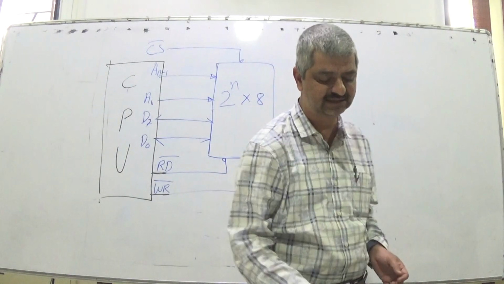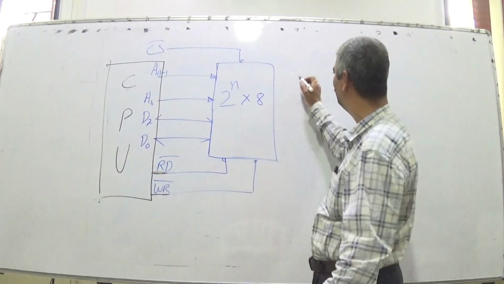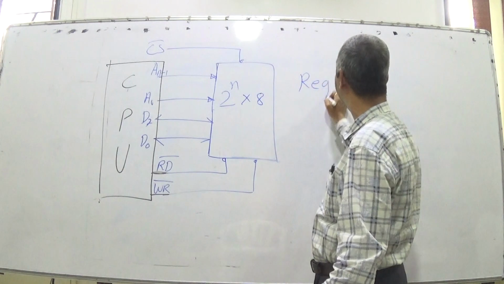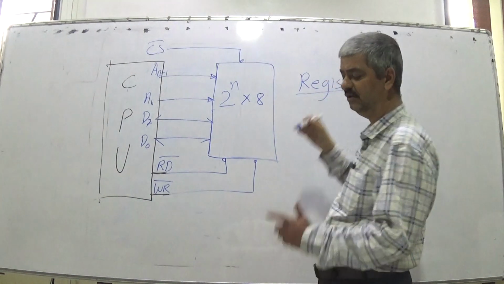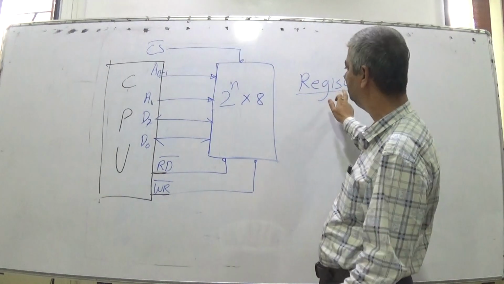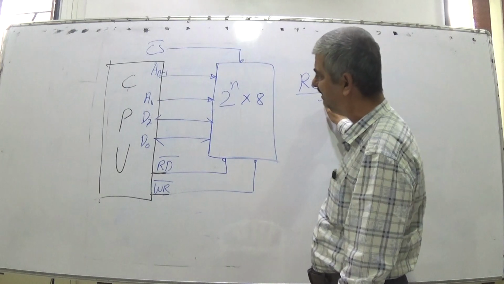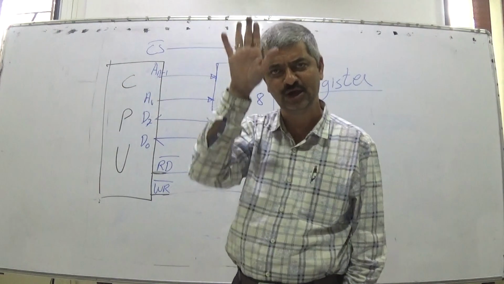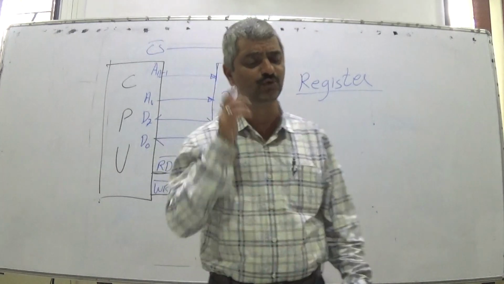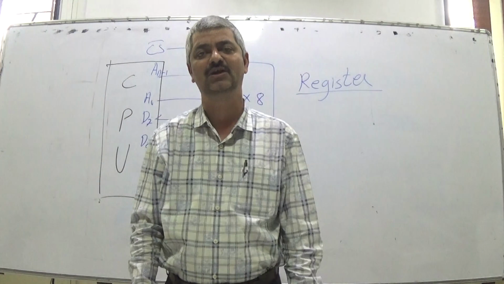Those are called registers. Each register is used for some purpose, for entering something. So the internal single byte memory cell inside the CPU is a memory cell only, a memory location only, but just to give an immediate feel that it is inside the CPU, it is called a register.